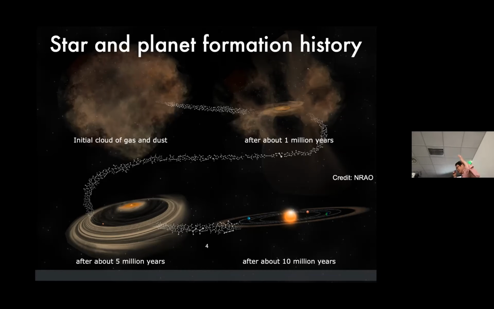They are maybe several hundred solar system in size, and then they collapse under self-gravity. When they collapse, because they have finite angular momentum, they start spinning up, so they form a disk. And the disk lasts about a few million years. And then the gas and dust form into planets.